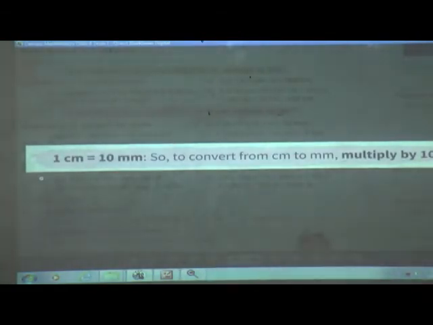And the next, 1 centimeter is equal to 10 millimeter. So to convert from centimeter to millimeter, multiply by 10. Keep in your mind.